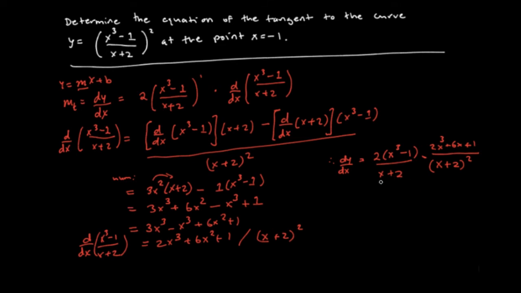Now if you want to collect the two terms, you can notice here that there's an x plus 2 here and x plus 2 squared here, so you need to make sure that the denominators are the same. But because you're multiplying, you can just plug it in. So in this case, you get 2 times x cubed minus 1 times 2x cubed plus 6x squared plus 1 over x plus 2 cubed. Okay, and this is basically your derivative.